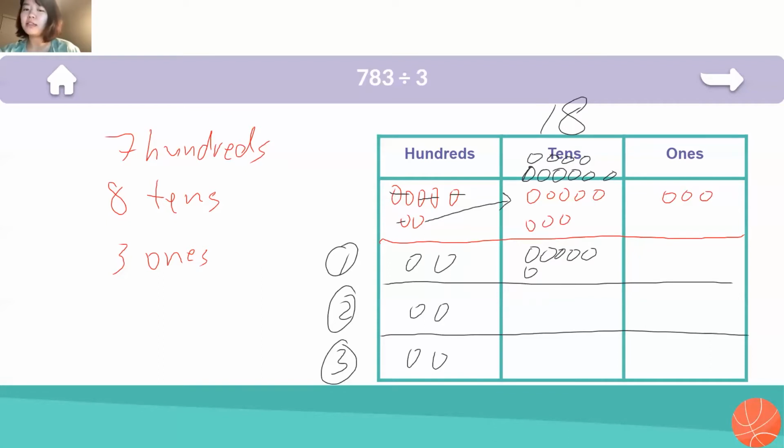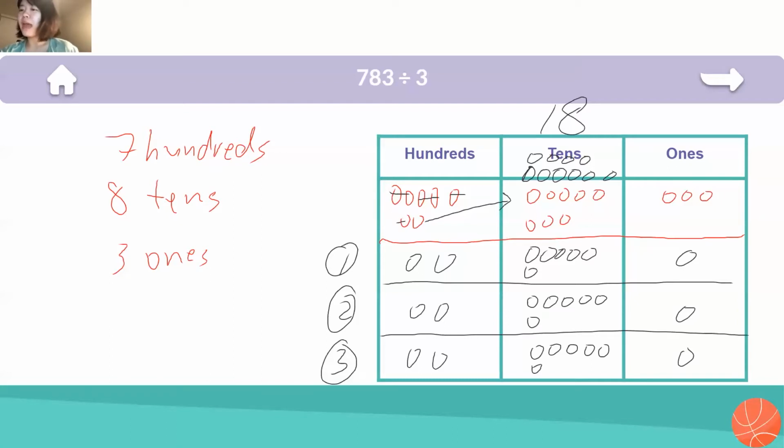So we can put 6 into each group without having any remainder. Since we don't have any remainder, we will just use what we have in the ones place. What is 3 divided by 3? So we can put 1 in each group.